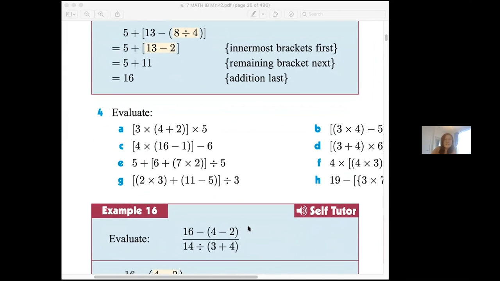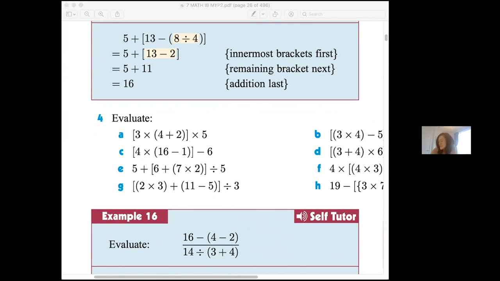Okay, now we go to example 16. All right, 16, we see a fraction bar. A fraction bar means grouping.